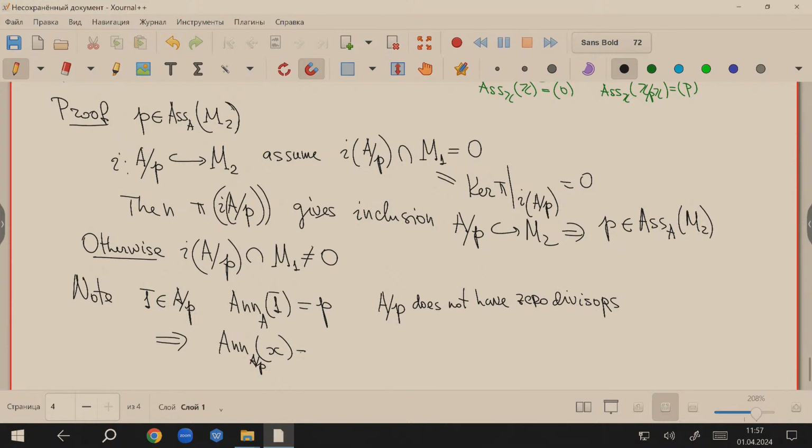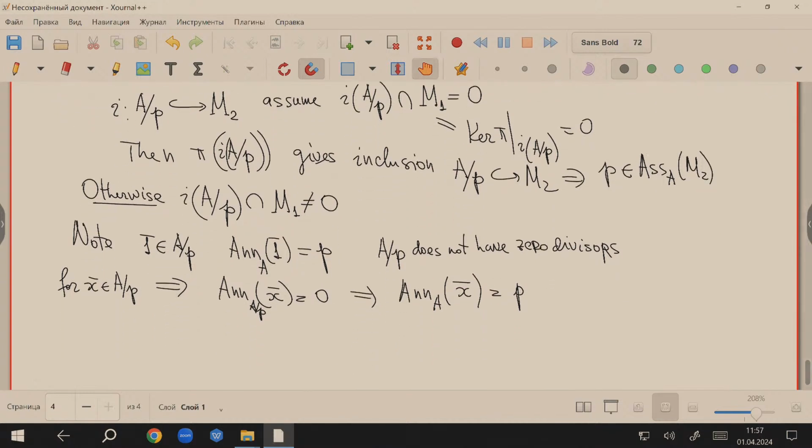And this implies that the annihilator of X in A for X in A mod P is equal to P, precisely P.